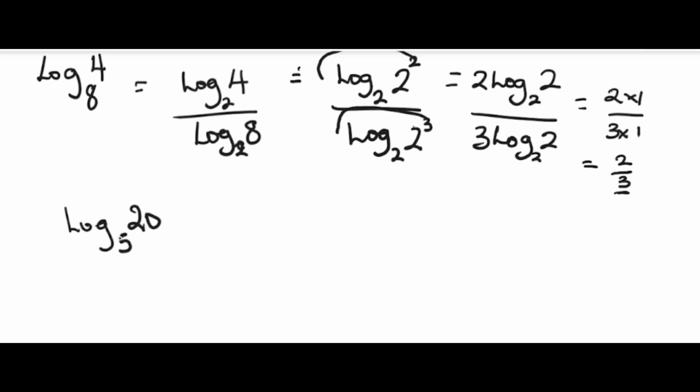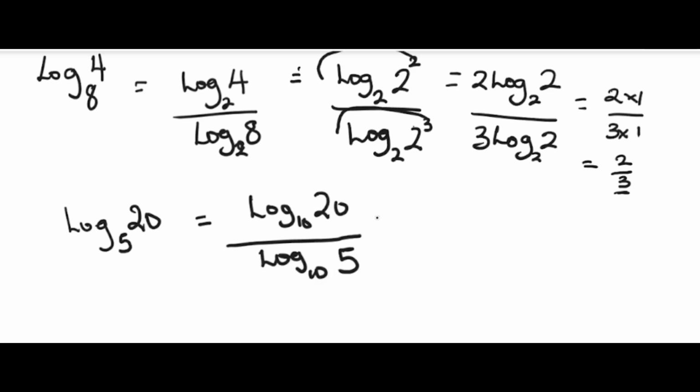So the question is, is 20 a multiple of 5? No. 5 and 20, are they common multiples of a particular number? Let's see. No, they are not. So what do I do? That is when I will use 10 as a common base. So I will have log in base 10 of 20 over the log in base 10 of 5.